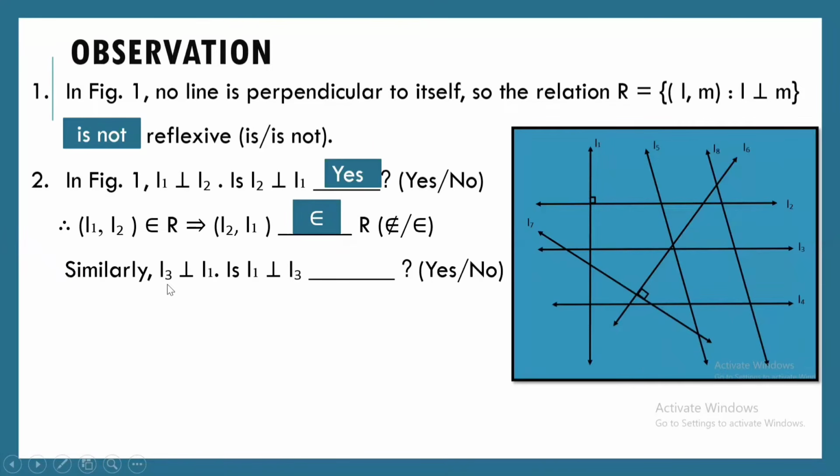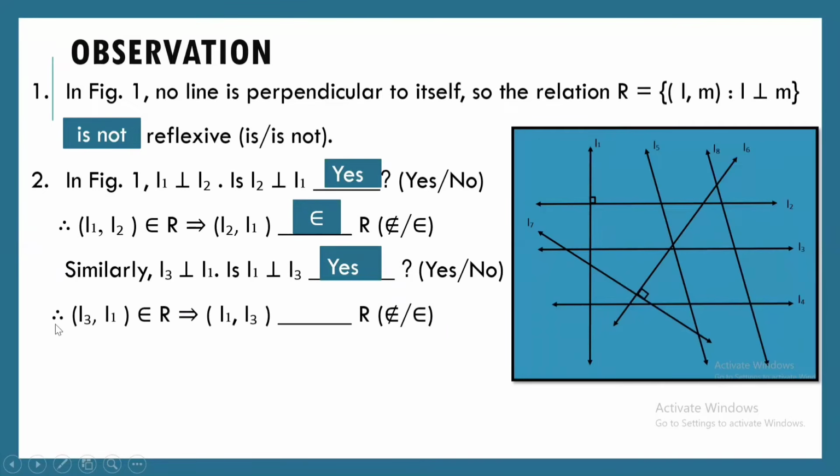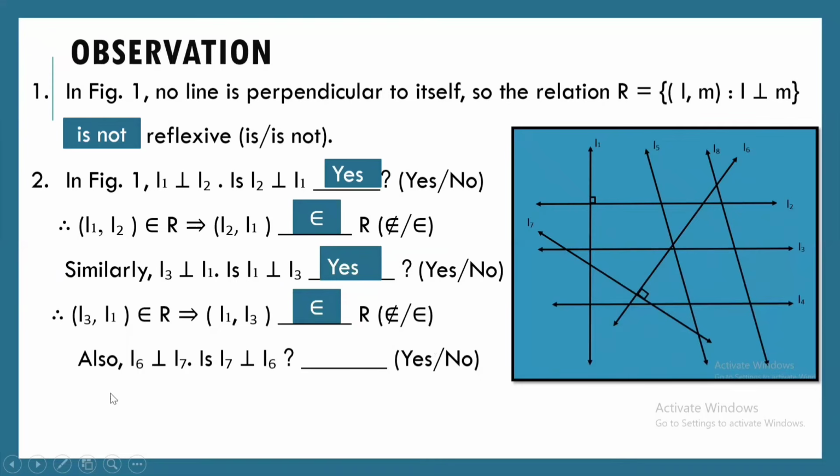Similarly, if L3 is perpendicular to L1, does it imply that L1 is also perpendicular to L3? Well, let us check. L1 is perpendicular to L3, so automatically L3 becomes perpendicular to L1 also. So I will write here, yes. Therefore, (L3, L1) is an element of R implies that (L1, L3) also belongs to R. Same thing can I say for L6 and L7 also?